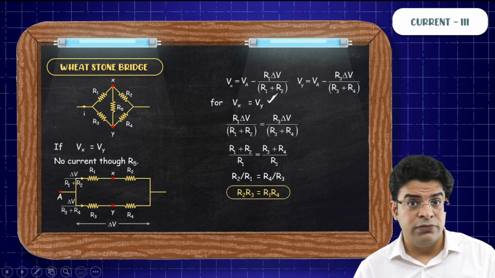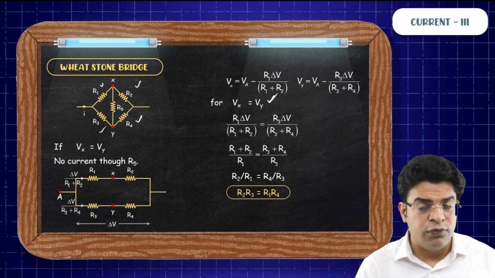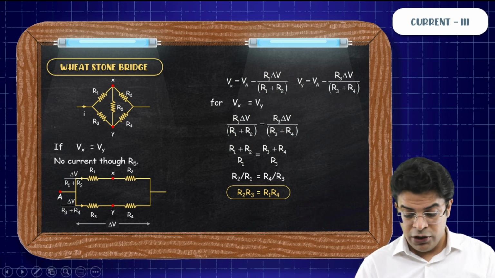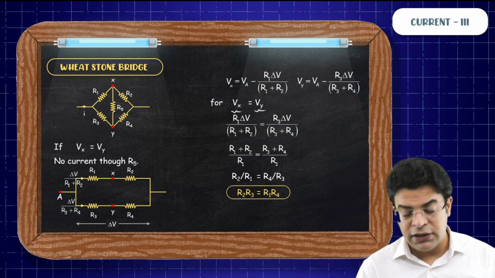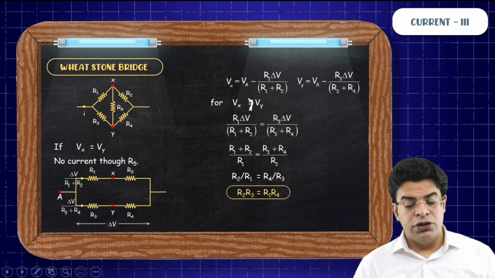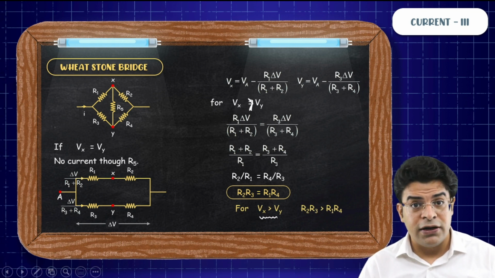Sometimes in a question, they might ask, what is the condition between R1, R2, R3, R4 for the potential at X to be greater than the potential at Y? So if you want potential at X to be greater than the potential at Y, just place a greater than sign here.